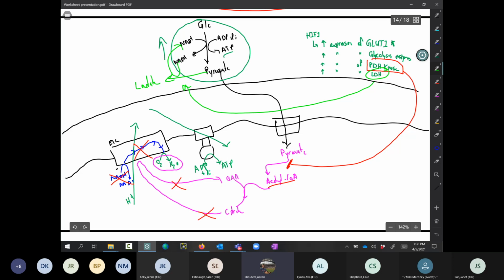So what you have then in these cells that have large expression of HIF1, you'll have reduced capacity of the electron transport chain, oxidative phosphorylation, and citric acid cycle, but increased capacity of glycolysis and lactate production. So these cells will start to absorb lots of glucose, and they'll start to excrete lots of lactate.